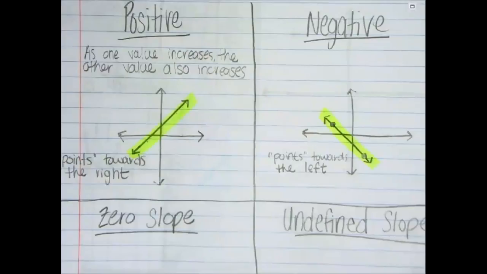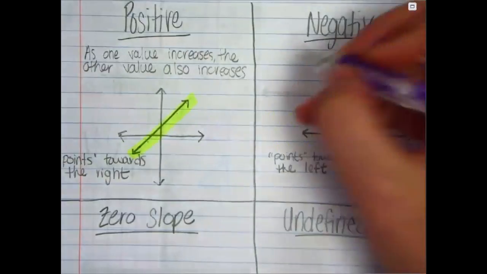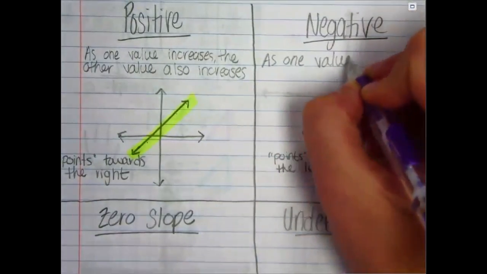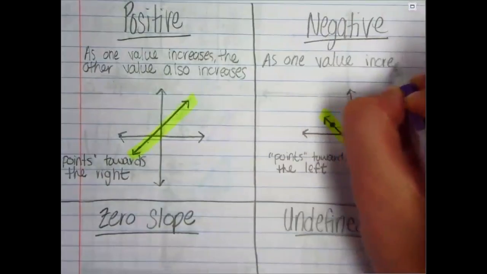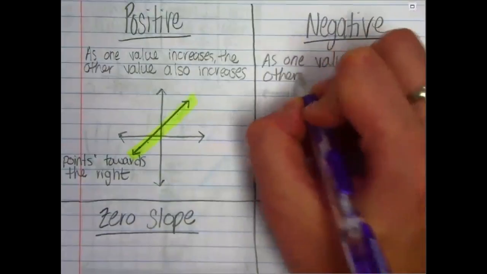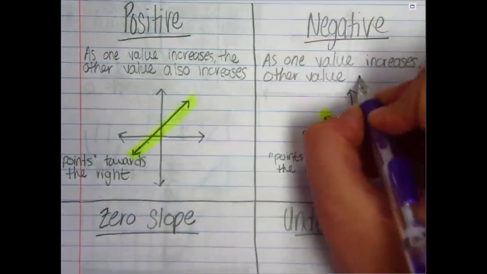Okay. So could that be our definition of negative slopes? Yes. As one value increases, the other value decreases.